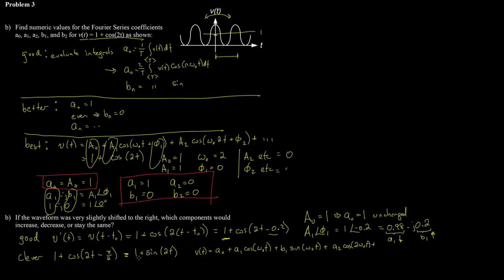Now compare it to what you've got here. As your delay approaches this value, your a sub naught term stays 1. It stays unchanged.